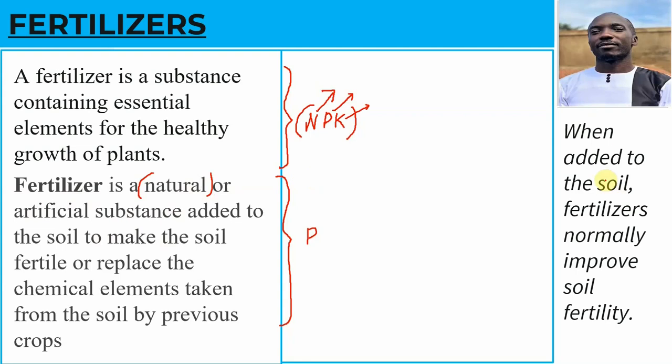But the major purpose of using a fertilizer is that when added to the soil, fertilizers improve the soil fertility. So basically the use of fertilizers is to improve the soil fertility depending on which crops you are planting. So that is how we can define fertilizers.